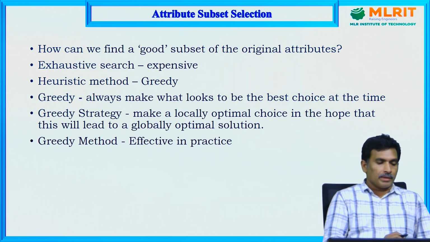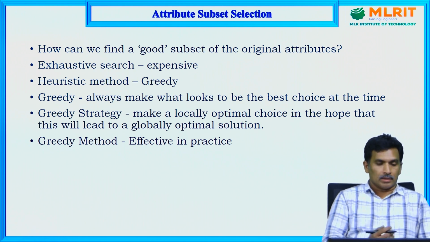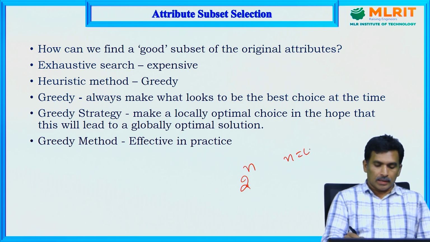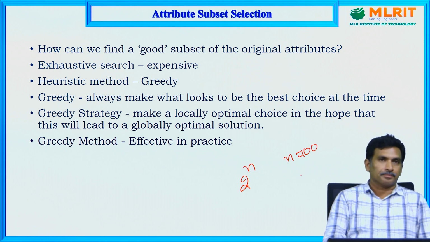So we can find a good subset of the original attributes by applying attribute subset selection. For example, with n equal to 100, 2 to the power of n will be a big number.